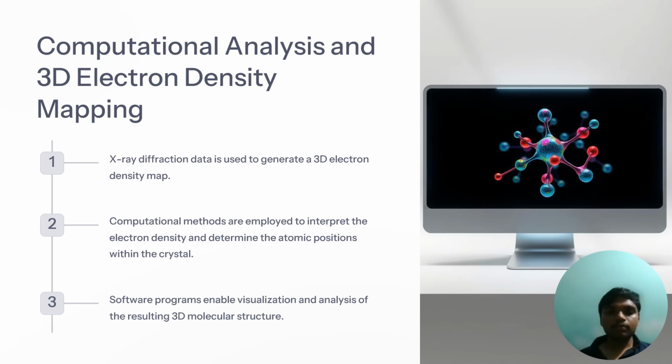Crystalline morphology. X-ray crystallography provides intense insight into the overall crystalline morphology of polyamides. For example, it can reveal the alignment of polymer chains in the crystalline lattice, the size of crystalline domains, and how these domains are organized within the material.